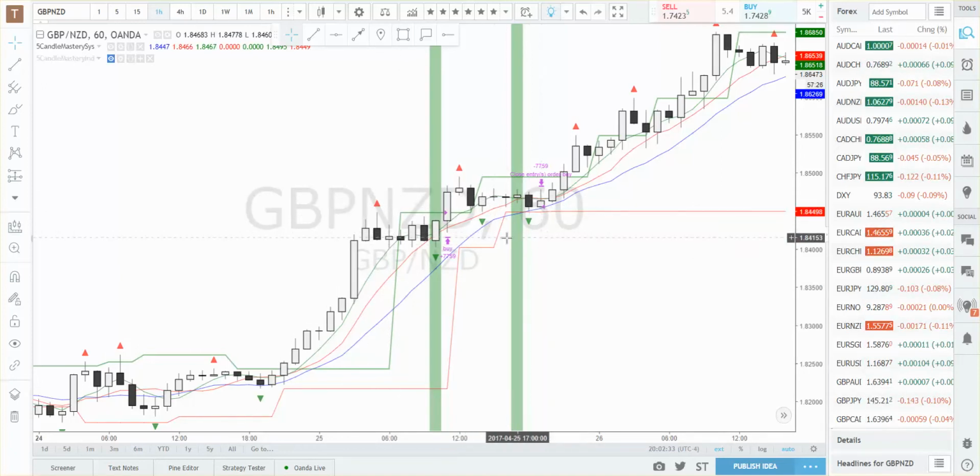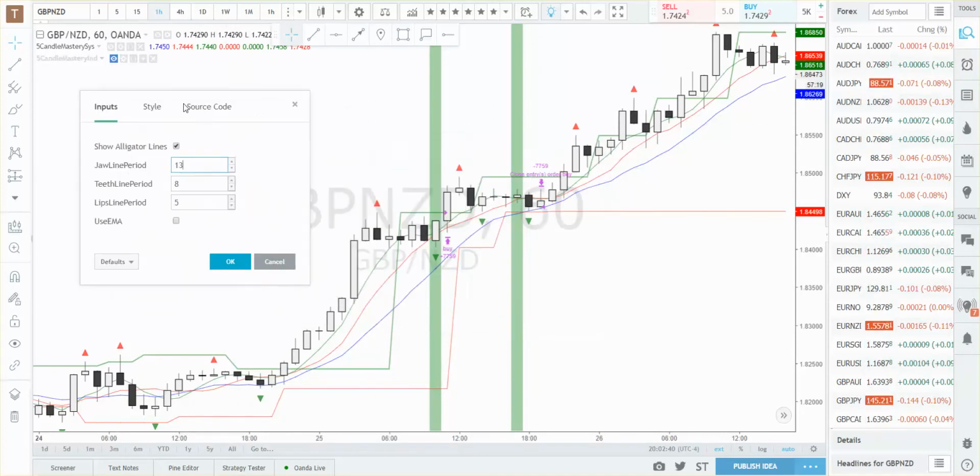Okay, and let me go over the inputs here. So you can turn off the alligator lines if you don't want to see them, the moving averages. Show alligator lines. It's interesting.